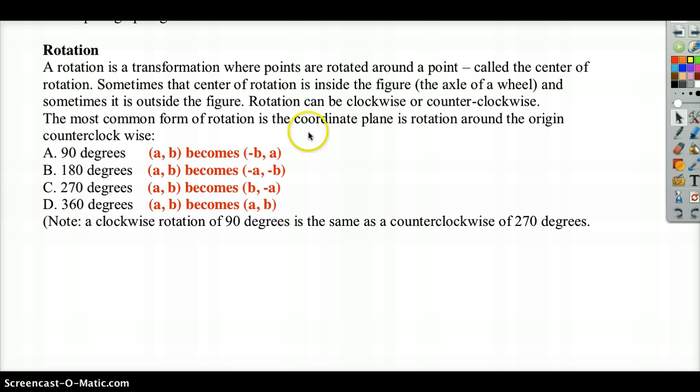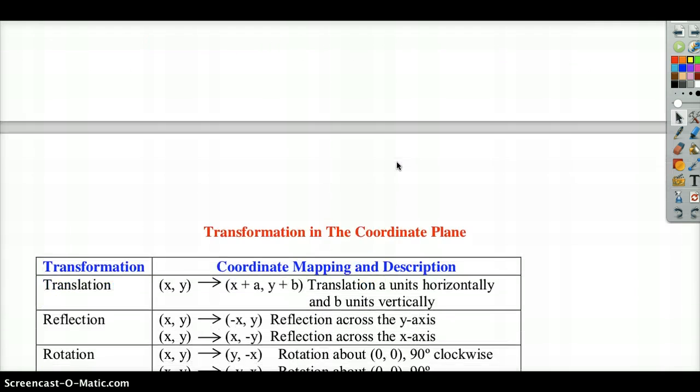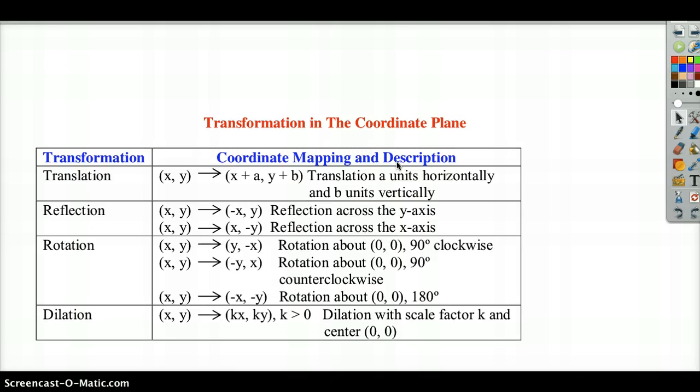But anyway, a little side note: a clockwise rotation of 90 degrees is the same as a counterclockwise rotation of 270 degrees. I think you'll be okay once you get these definitions into your notes.